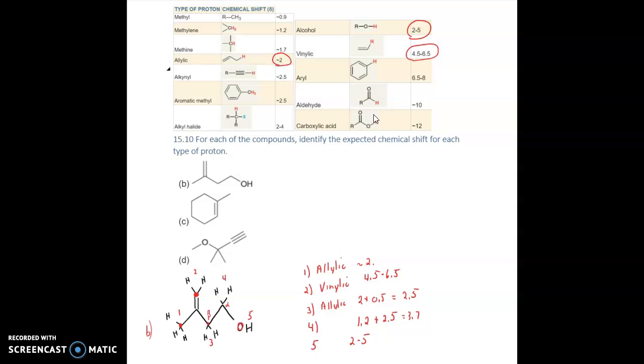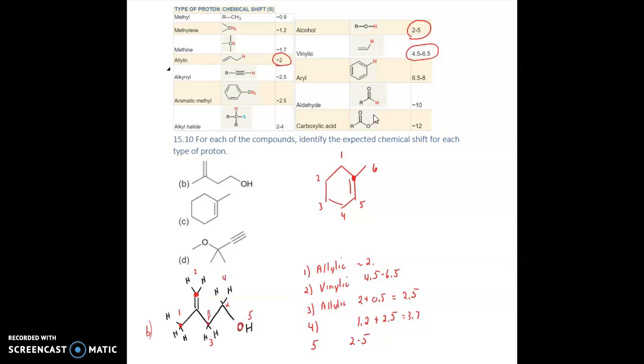Okay, so let's look at C. I'm going to draw it really big here. We've got hydrogens here, here, here, here, here. There are none here, but there's some here.